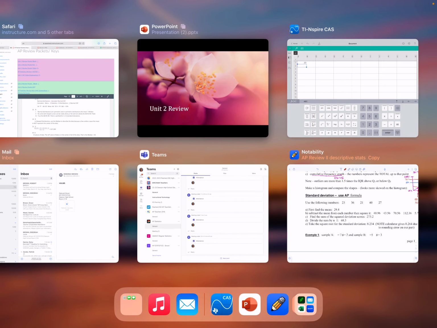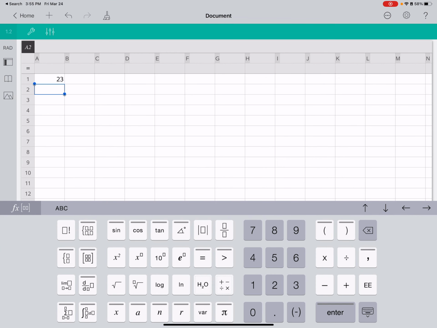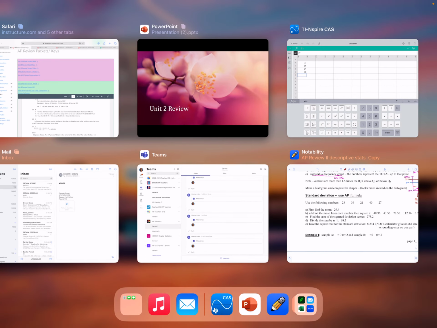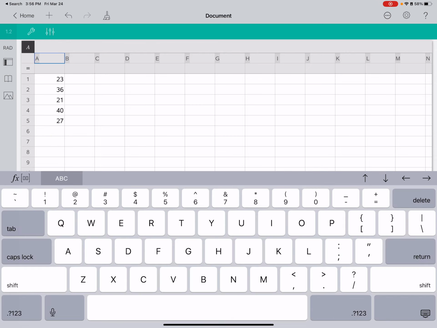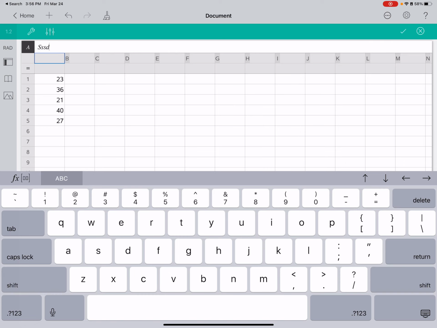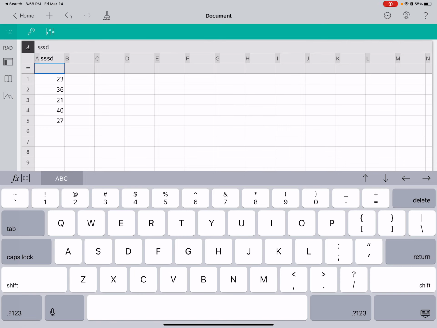So now let's look at the numbers. 23, 36, 21, 40, 27. Is that it? Okay, it is. So you have to enter it here. I'm going to just name it something that it's not been named here yet.